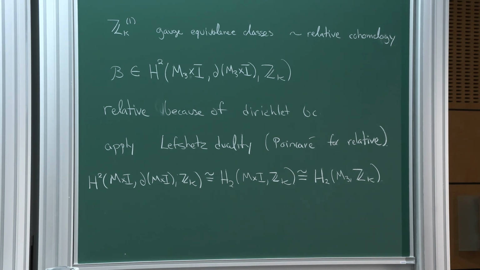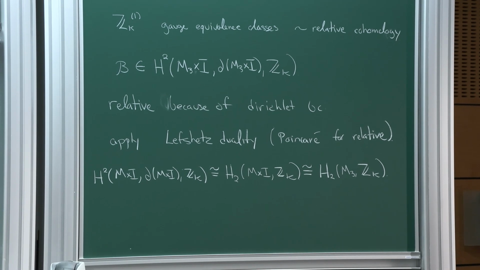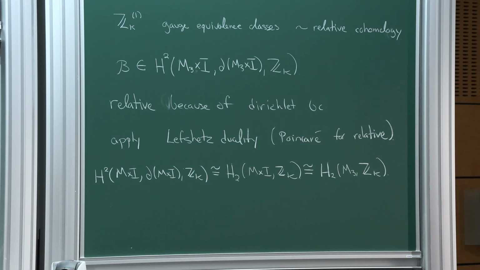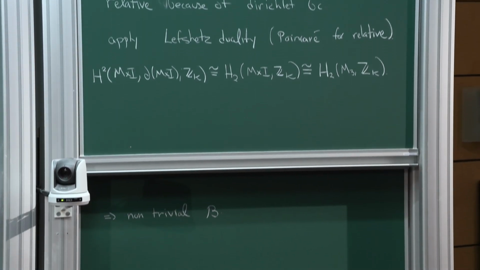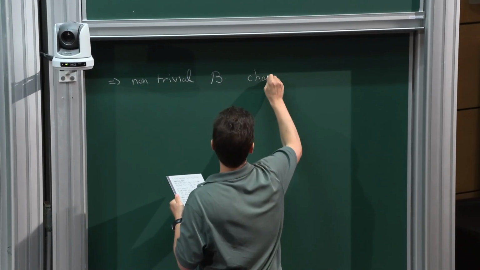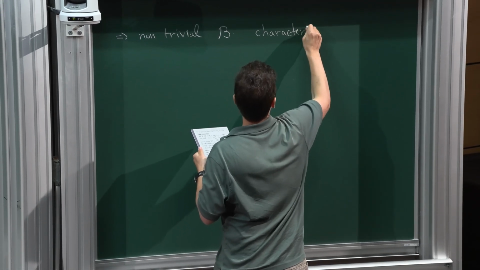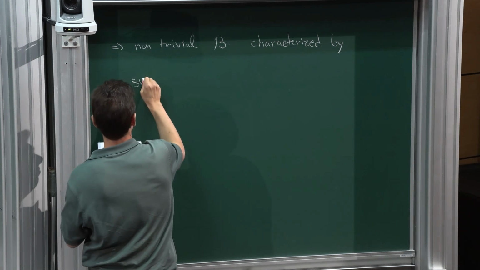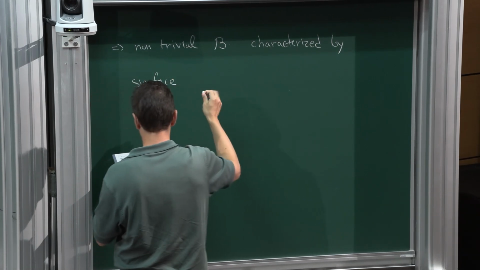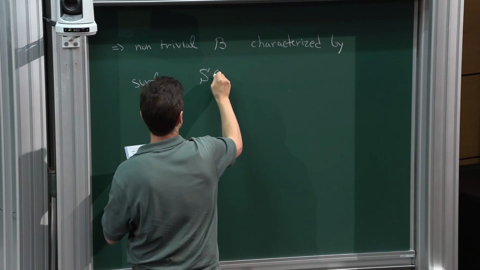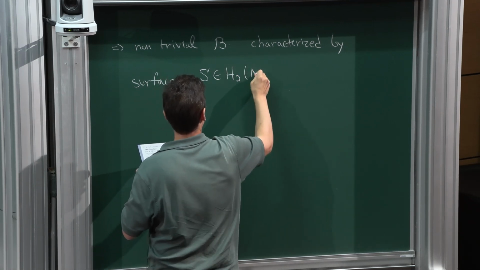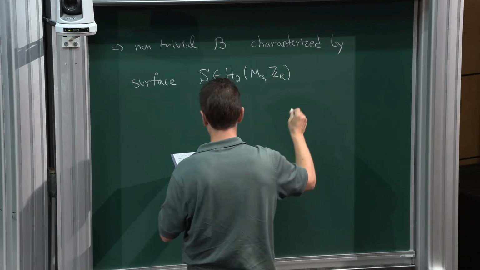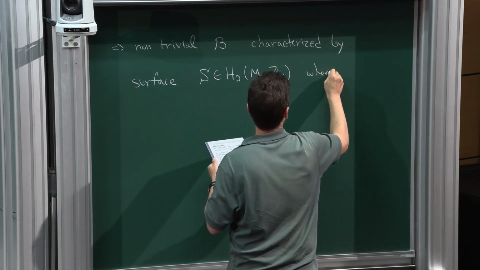Well, it's a flat gauge field. We're doing Z_K gauge theory, so there isn't any curvature. All there is is the appropriate generalization of holonomy, in this case, Wilson surfaces. Okay? So it's characterized by a surface S where it has holonomy.